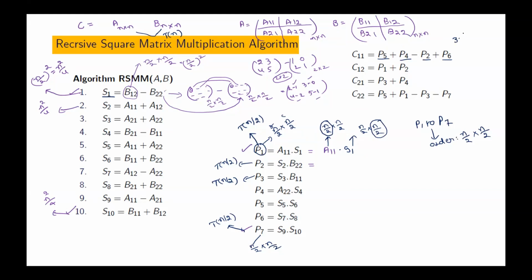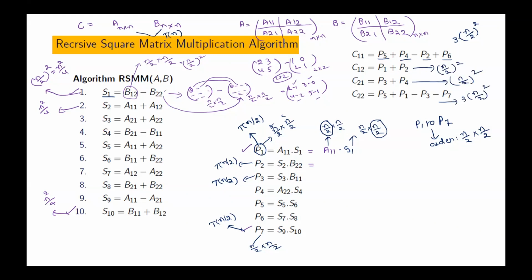Each addition, how much time does it require? N by 2 whole square. Here also, addition of an n by 2 matrix and an n by 2 matrix requires n by 2 whole square. Here again it requires n by 2 whole square. Here it requires 3 times n by 2 whole square.